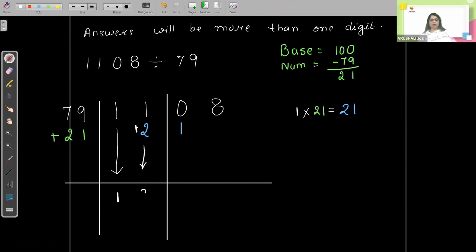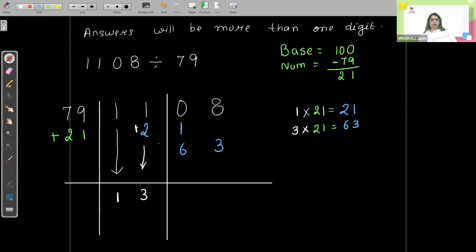This will become 3. Arjun, are you getting it? Okay. Then you will take this 3 and you will multiply this 3 again with the 21. This time you will get a 63. Correct? That 63 you can write here. Are you getting it? Arjun?